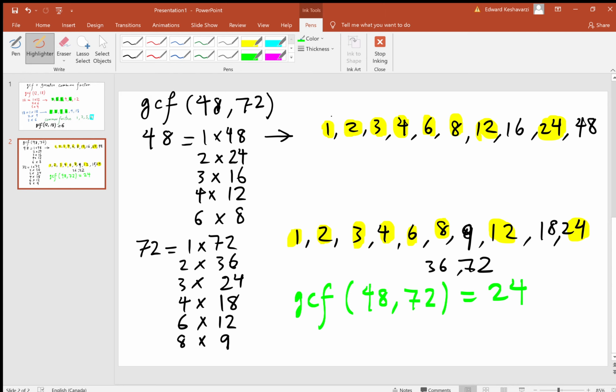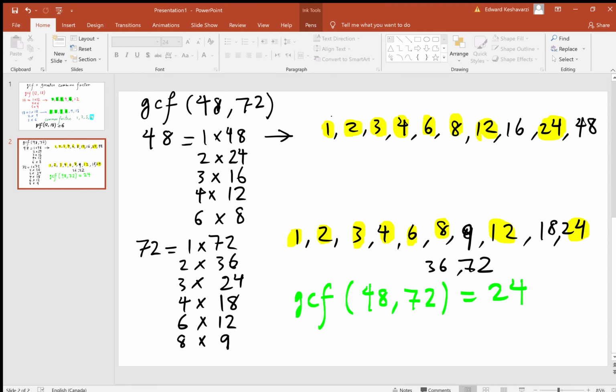This is why we need a better, smarter way to find GCF of two given numbers that are fairly big, right? This is why we use standard prime factorization. I'm going to find the GCF of 48 and 72 by applying standard prime factorization in the next slide.